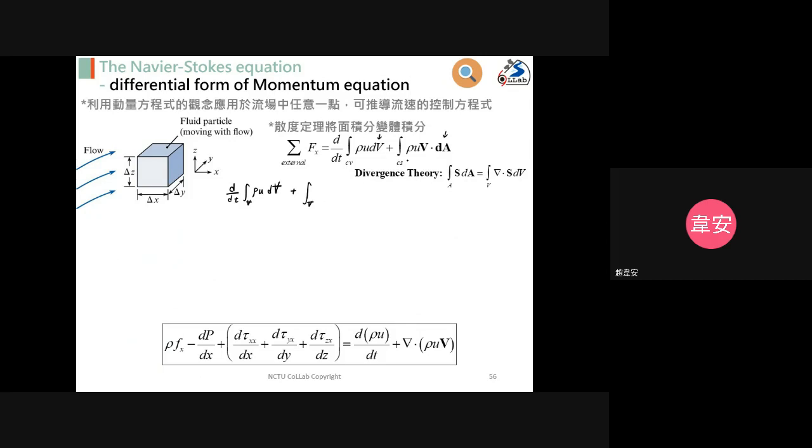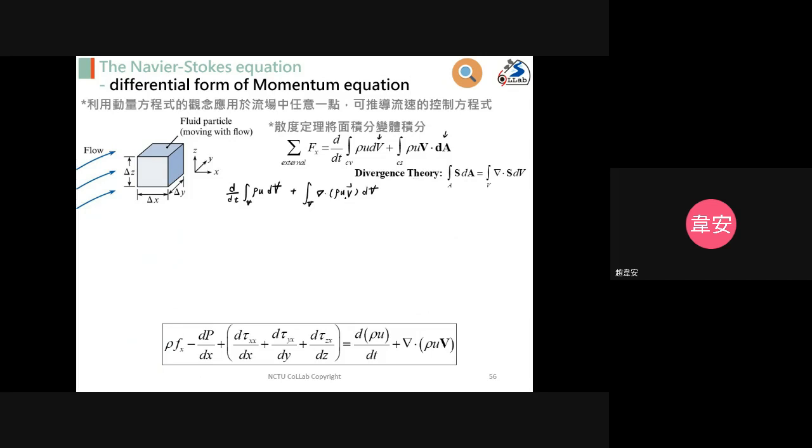So if we would like to replace the integral operator along the surface with the volume, we need to rewrite it here as the divergence of the rho u V vector, and we can replace the area with the volume. It's just based on the divergence theorem.